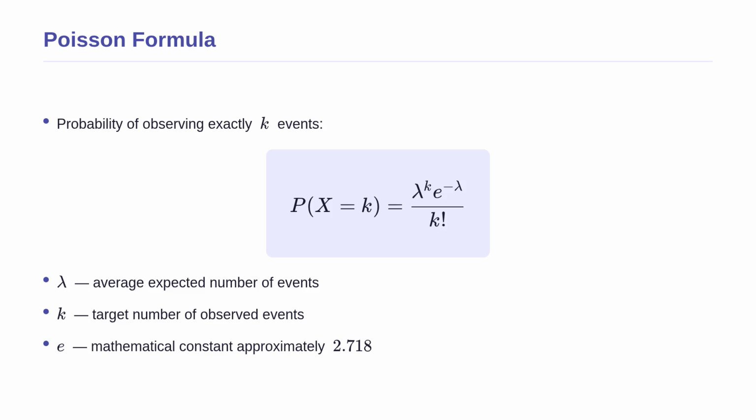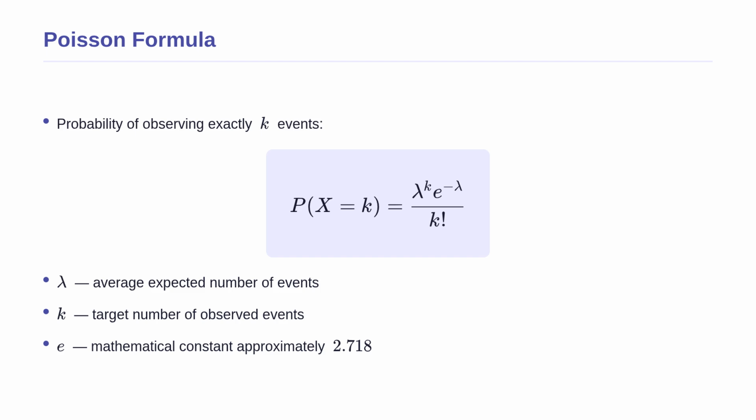To calculate these rare events, we use the Poisson formula. Conceptually, this formula relies heavily on the average rate of occurrence. Let us look at the symbols. The Greek letter lambda is the most important part. It represents the average or expected number of events that usually happen in that time frame or area.